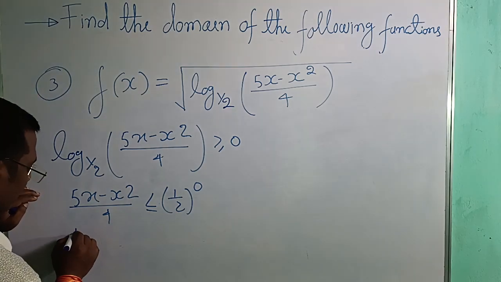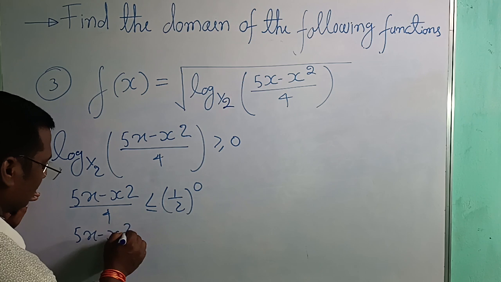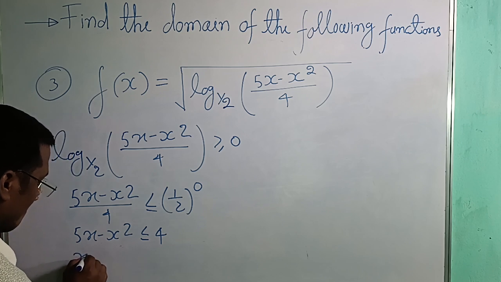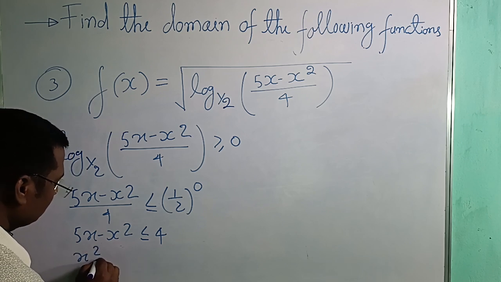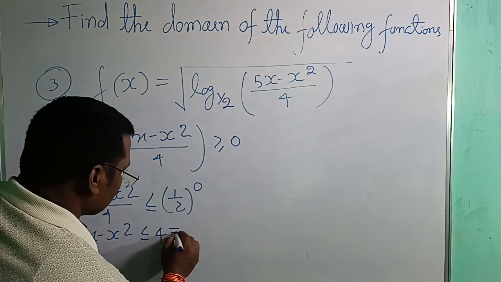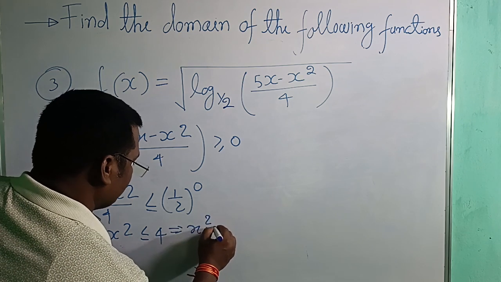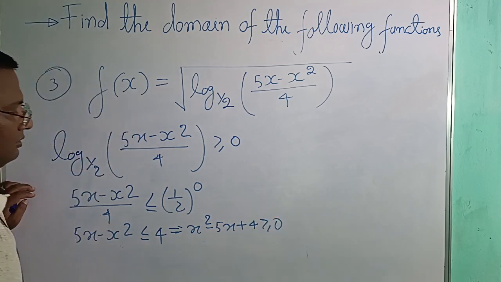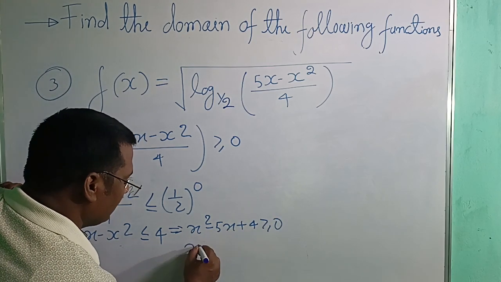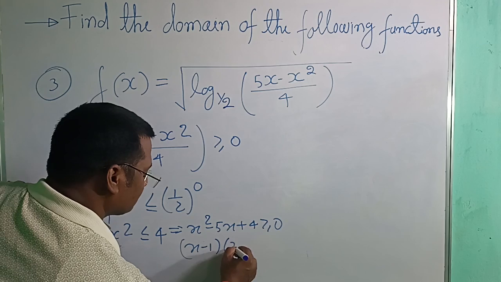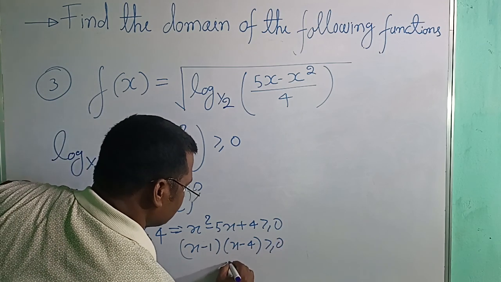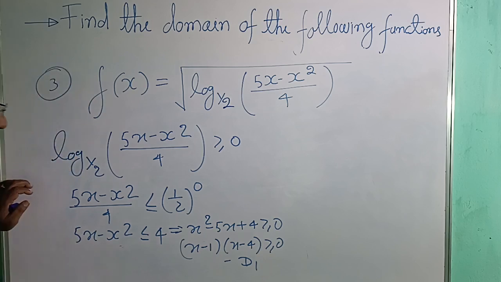So 5x minus x square is less than or equal to 4. So x square minus 5x plus 4 greater than or equal to 0. So this is (x minus 1)(x minus 4) greater than or equal to 0. This is domain number 1.